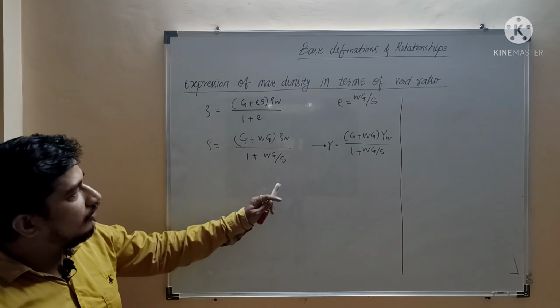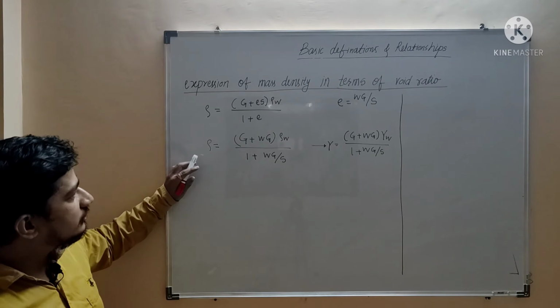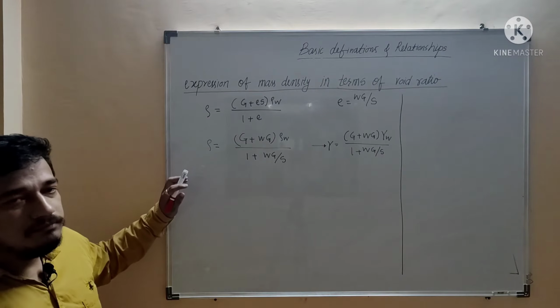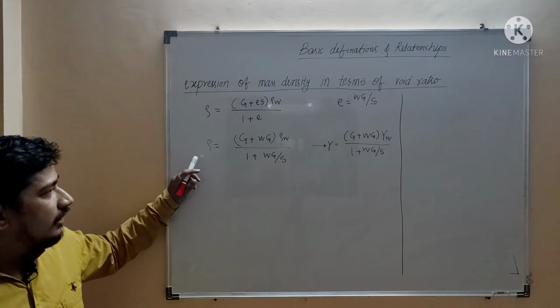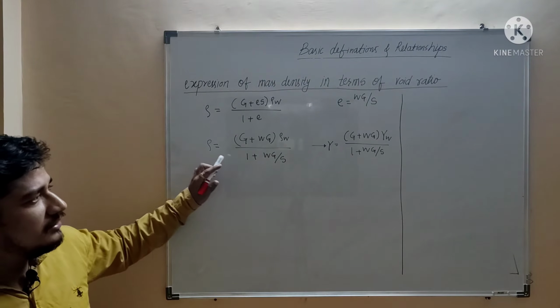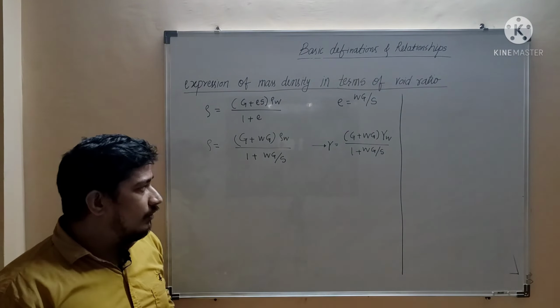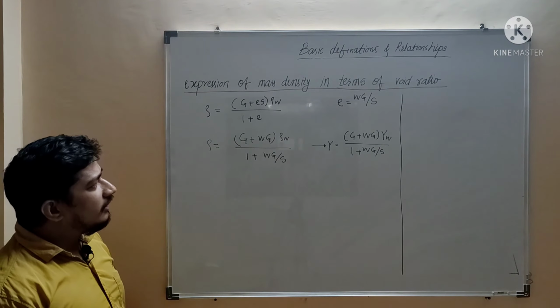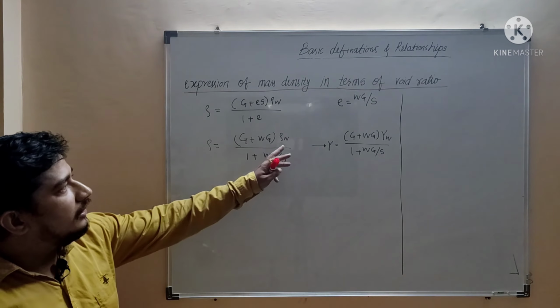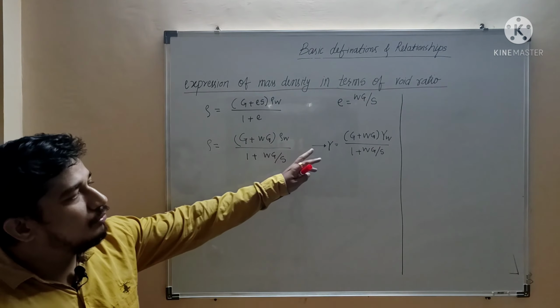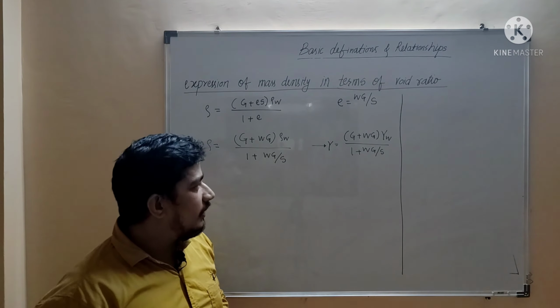In the previous lecture I have not expressed these formulas in terms of unit weight, but they can be expressed, and we have to just replace this rho W by gamma W.